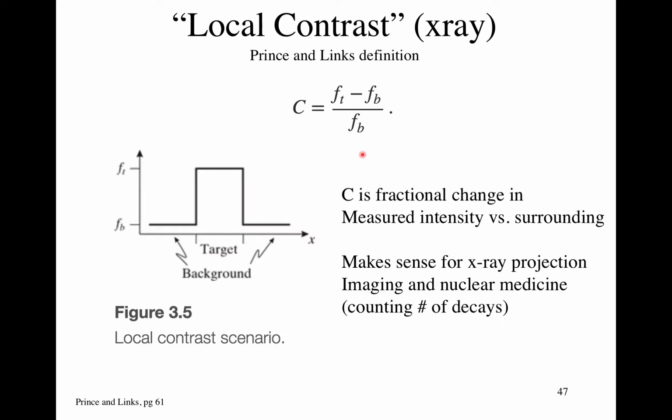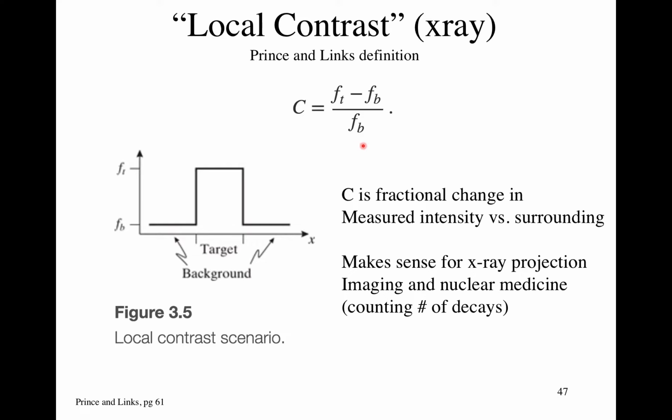This is what's defined in the book as local contrast. If I have in space a signal, and I have a background, and then a target object here, and then a background again, the definition of local contrast, according to the book, and we'll use this definition, is the difference in signal intensity between the background and the target divided by the signal in the background.